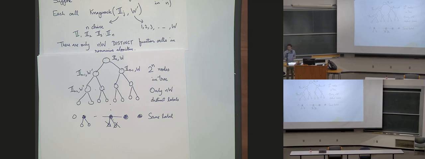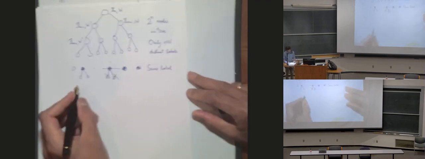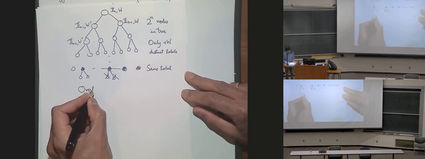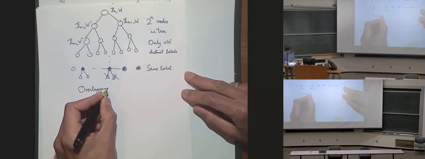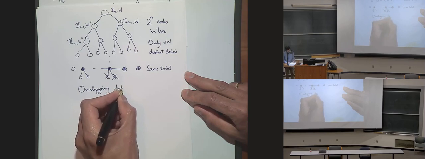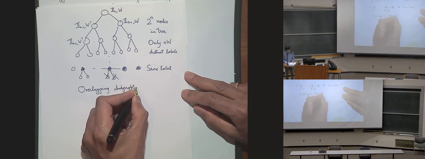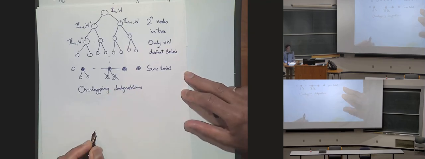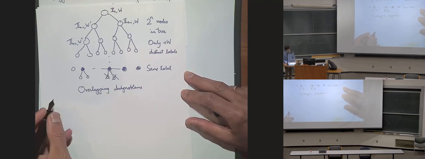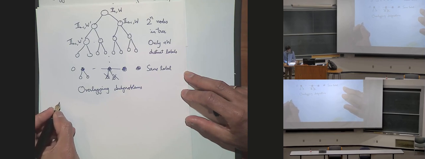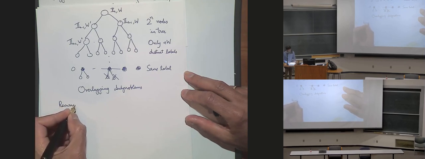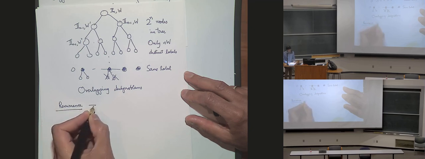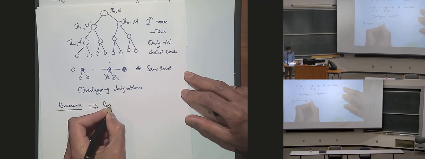Does this make sense? This feature is referred to as overlapping subproblems. So for dynamic programming, you start with a recurrence. This leads to a recursive algorithm.